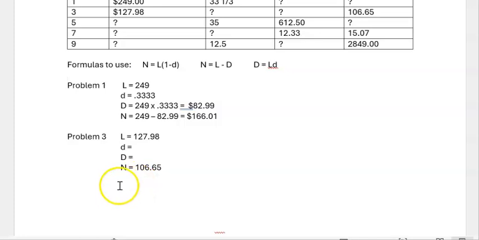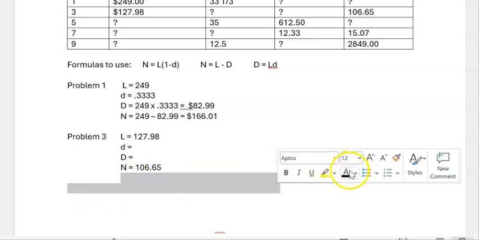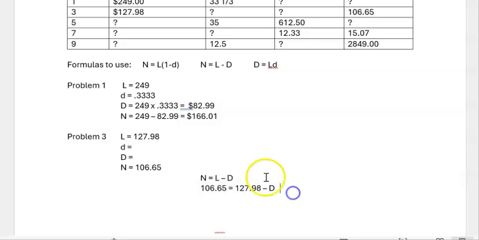So what we need to do is, again, manipulate that equation. So we've got N equals our list price minus our discount, or if we fill in the amounts, 106.65 equals 127.98 minus the discount.